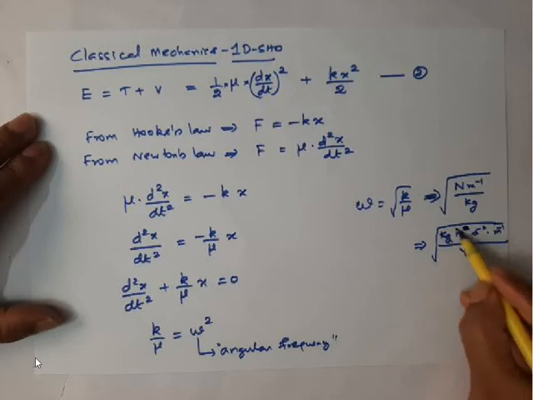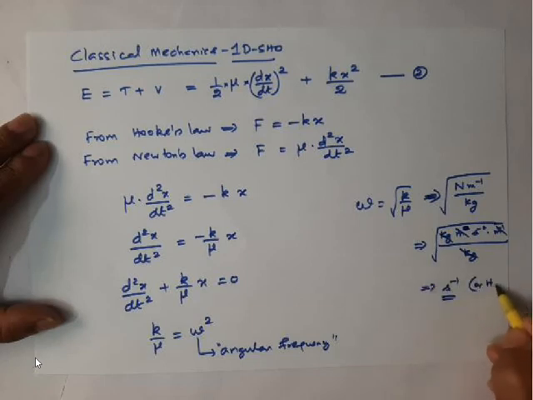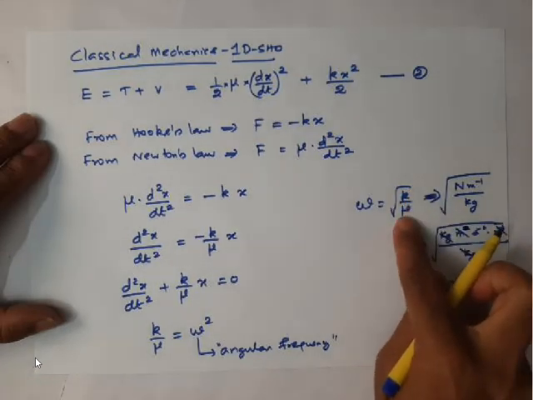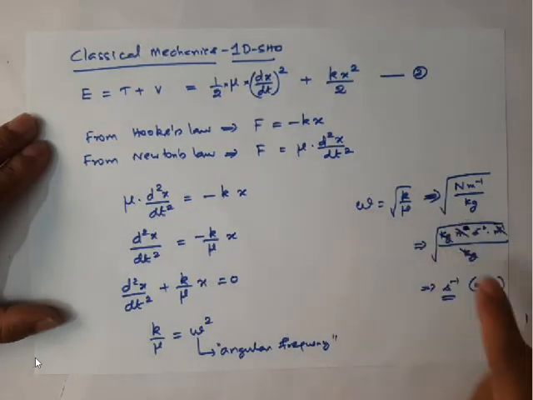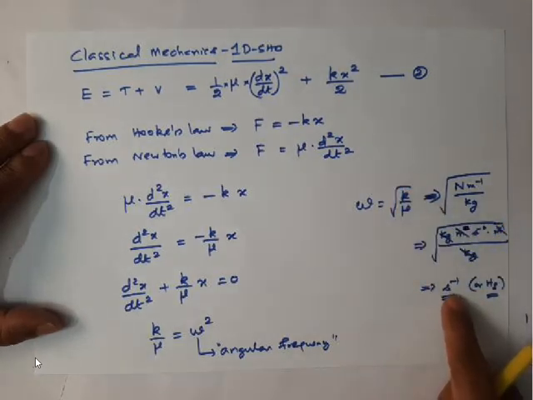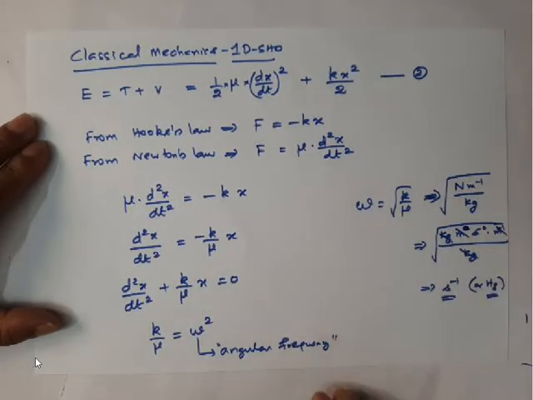Kilogram cancel, meter inverse cancel. So root of per second square can be written as per second. Per second is also called hertz. So this square root of k by mu, also called omega, has the unit of second inverse or hertz. That's why this omega is called frequency. So omega here is angular frequency.